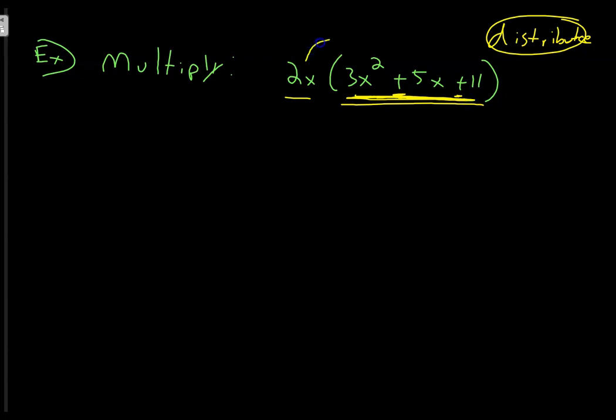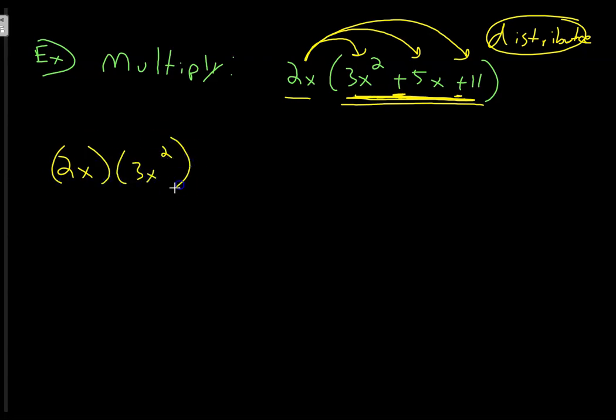So we distribute 2x to the first term, 2x times the second term, and 2x times the next term. When we do this, you multiply the numbers and the variables. So you're essentially thinking of 2x times 3x to the second power.